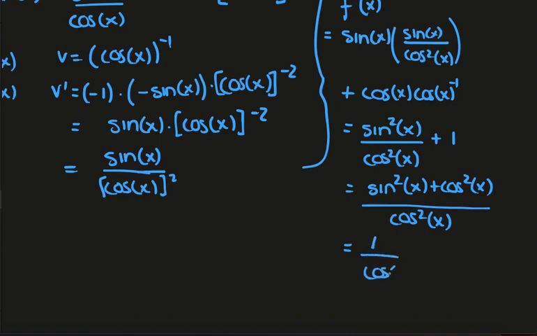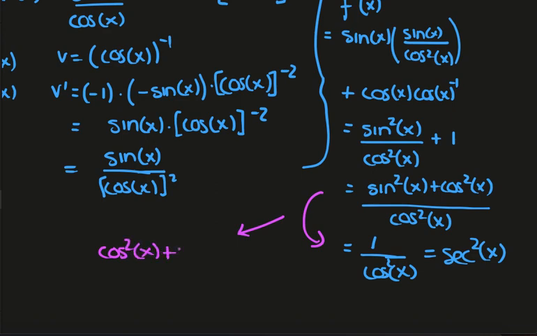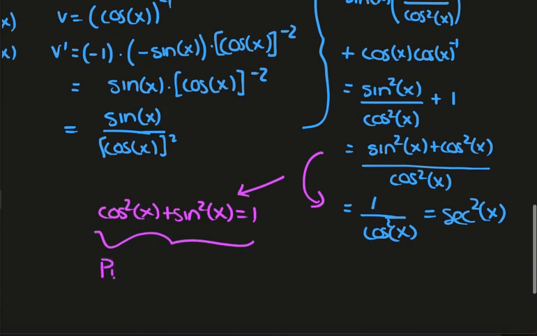So I have 1 over cos squared x. And this is what we call sec squared x. So let's just note that the step from here to here uses the fact that cos squared x plus sine squared x equals 1. And this is what we call the Pythagorean identity.